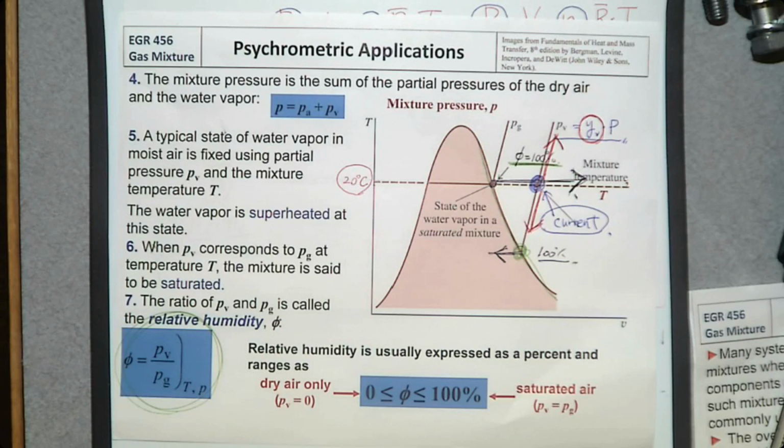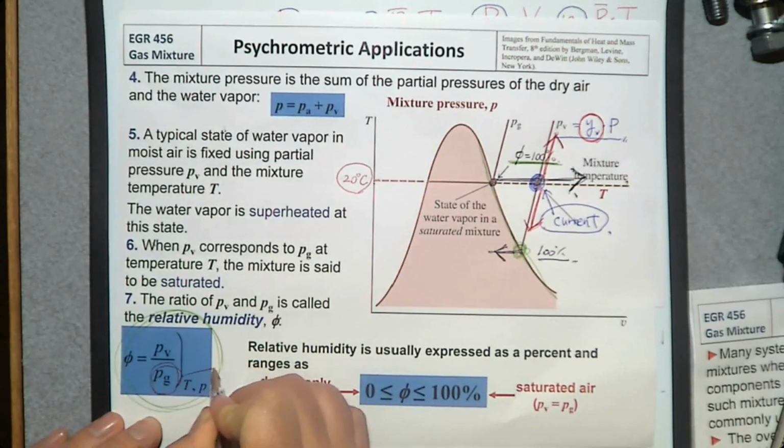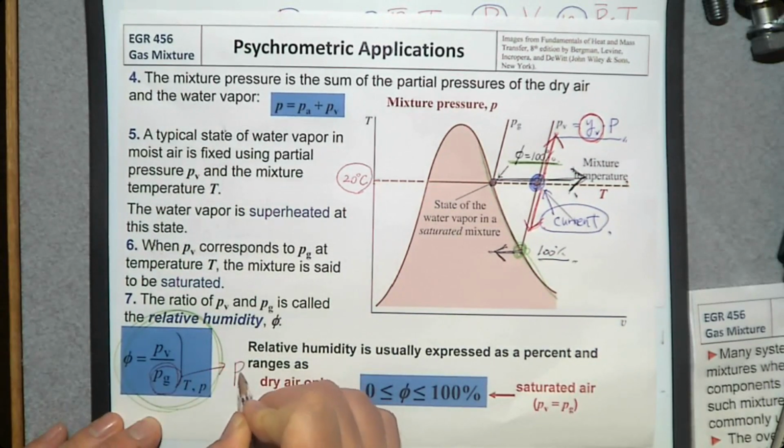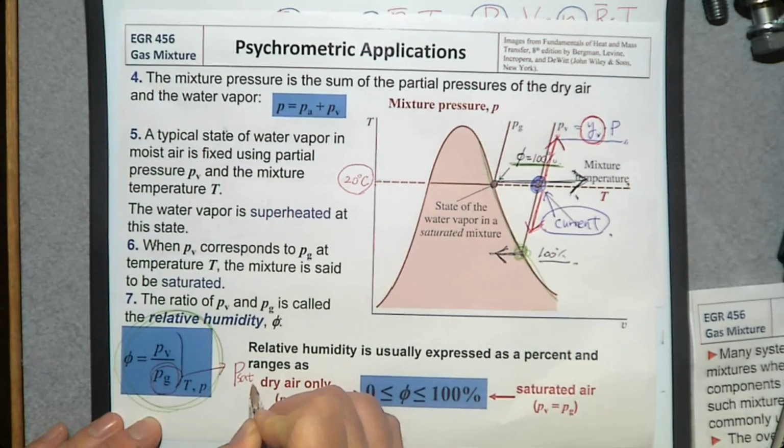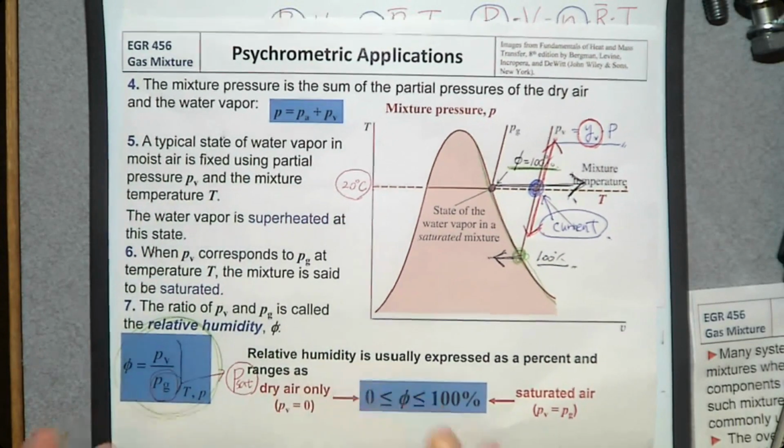By the way, the mathematical definition of relative humidity is going to be PV, the partial pressure of water vapor, over PG. PG is nothing new. This is the saturation pressure, P sat.